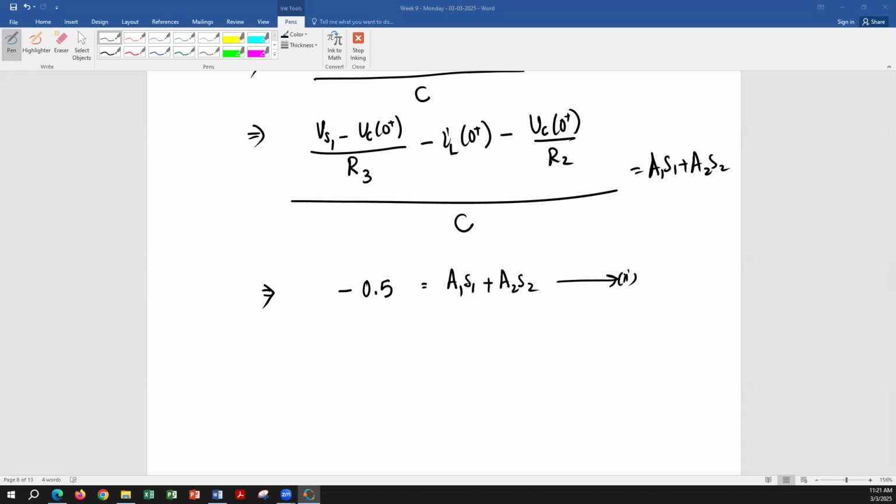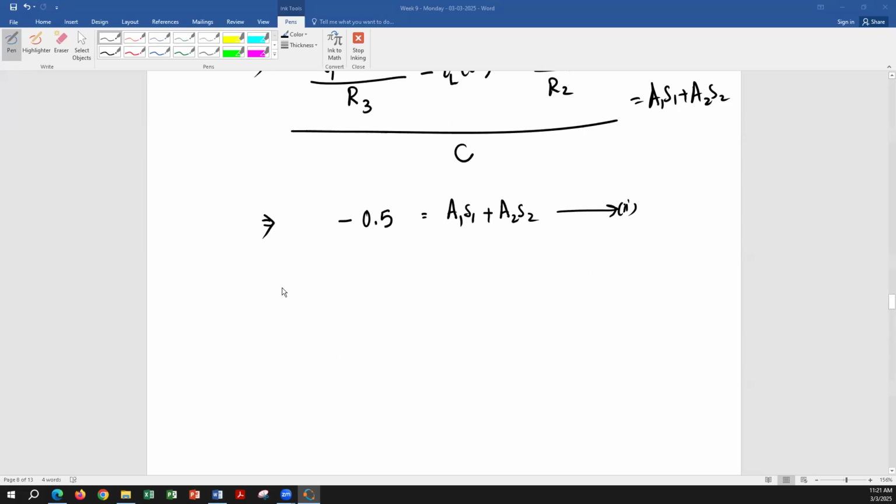Okay, now we're going to solve simultaneously equation number 1 and equation number 2. And let's see, first equation is 1, comma 1. Oh, by the way, Taylor, did you get your answer?